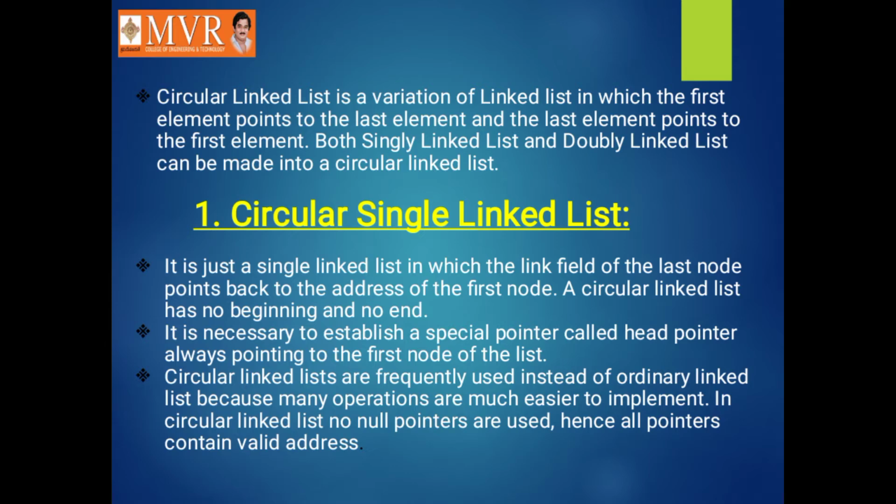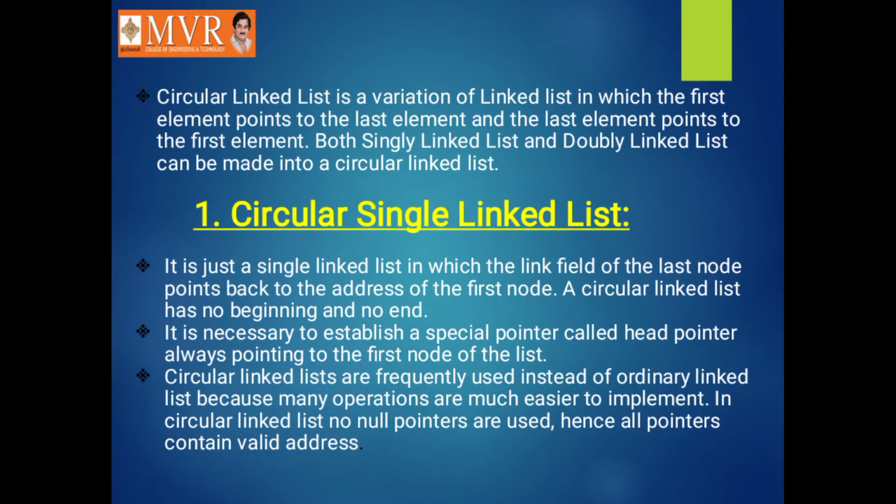Both single linked list and double linked list can be made into a circular linked list. So circular linked lists are represented in two ways, that is circular single linked list and circular double linked list.